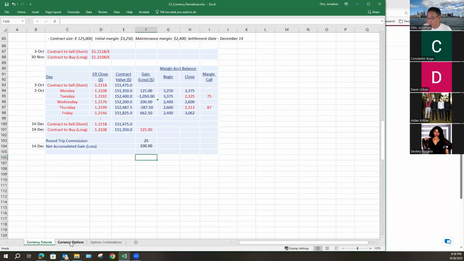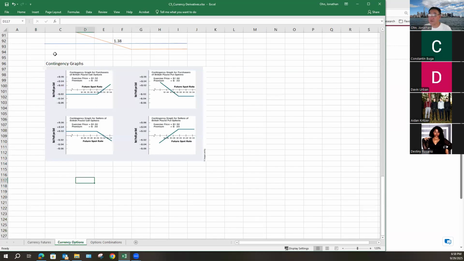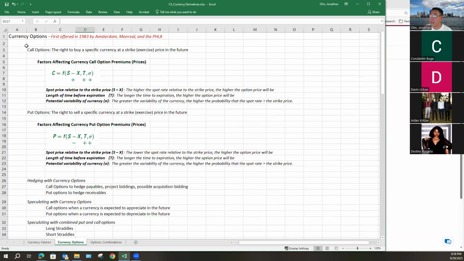Now, that was about the currency futures contract. Now, let's talk about the currency options contract. Currency options were first offered in 1983 by the Amsterdam, Montreal, and Philadelphia Exchanges. So both futures and options are relatively new instruments. A call option is the right to buy a specified currency at the strike price, the contract price, in the future.